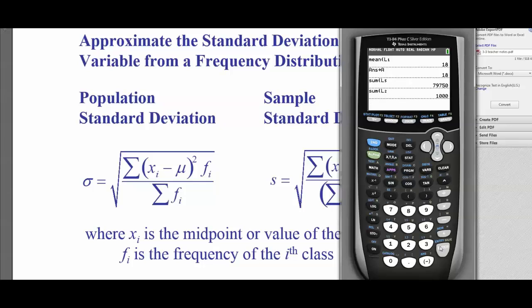Okay, now if we're dealing with just a population, then we would just simply divide those two numbers. Oops, I forgot to tell the calculator to divide. So divide that, and I get that number, and then I want to take the square root of that. And so this would be the standard deviation of that grouped data.